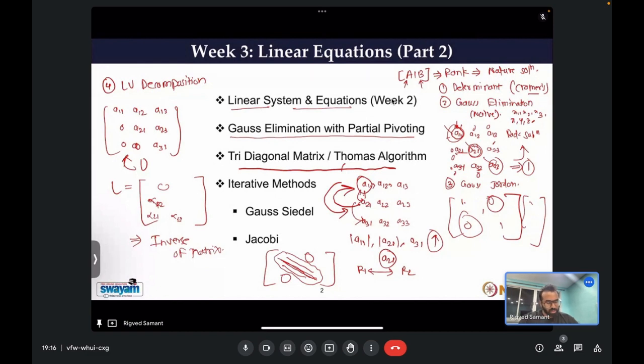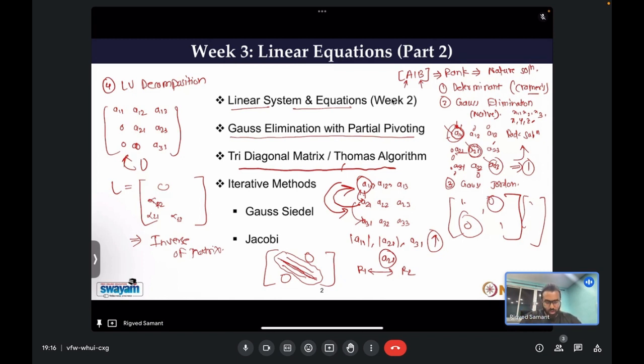In this case, rather than going for the Gauss elimination method, it's better to use the Thomas algorithm, which will reduce your computational cost and lead to the answer in a faster manner. So it depends on the nature of your problem.